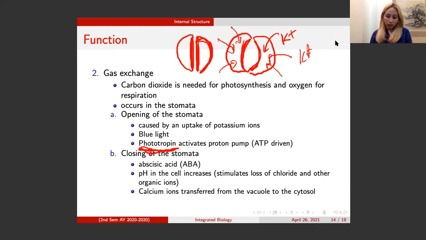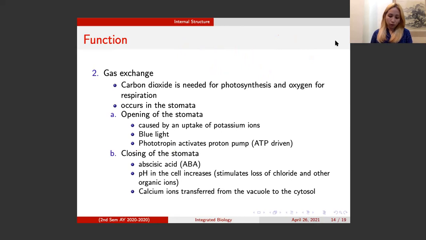Okay. Now, when it comes to closing of the stomates, right, abscisic acid is actually responsible for this. So abscisic acid will bind on certain proteins, and then this will cause the pH inside the cell to increase. The pH increasing inside of the cell will now stimulate opening of efflux channels.